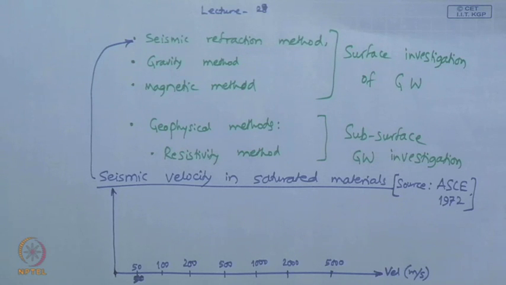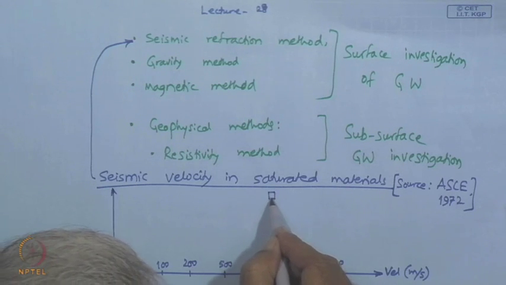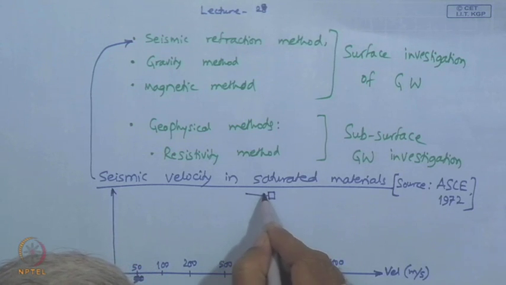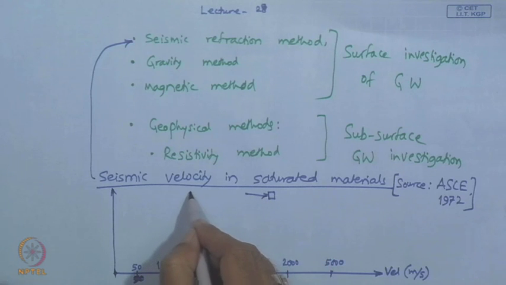And in case of saturated material, the seismic velocity is more than 1000 meters per second, and here this is for topsoil and organic materials.